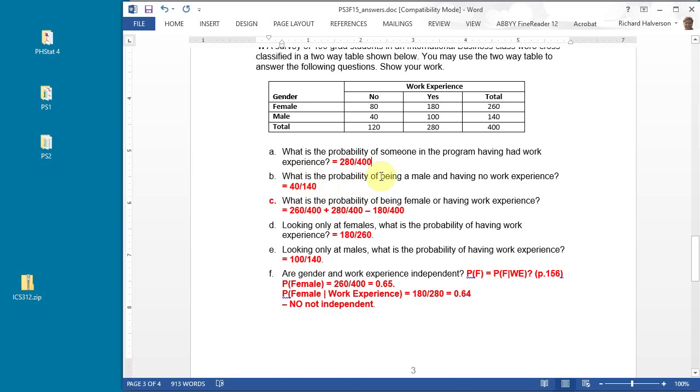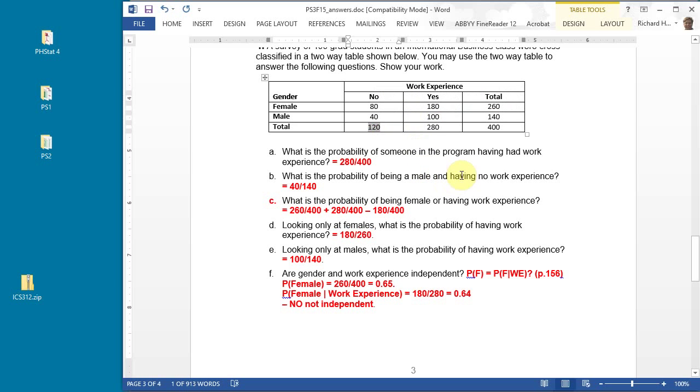What is the probability of being a male and having no work experience? Let's just look at not having any work experience. How many people don't have work experience? It's 120 total. And the probability of being male and having no work experience would just be 40 over 120.